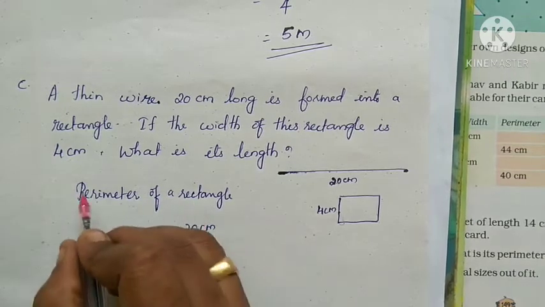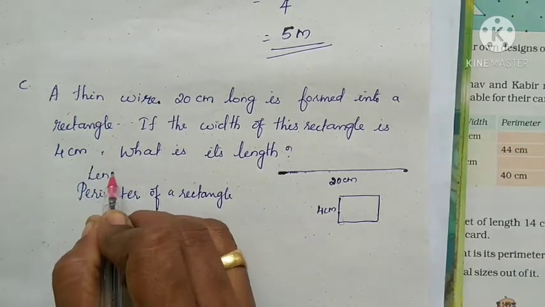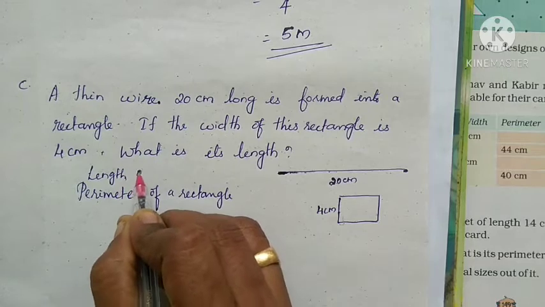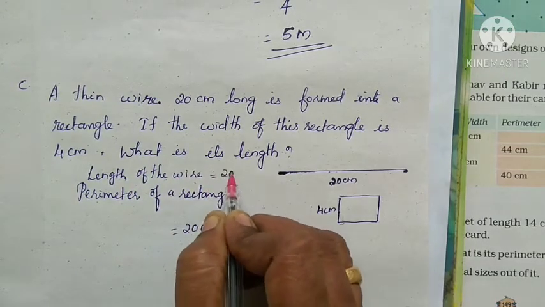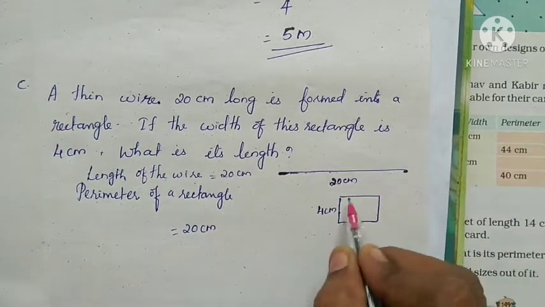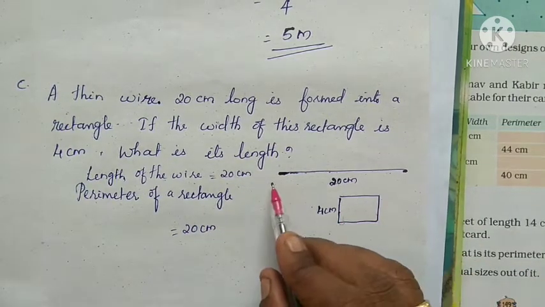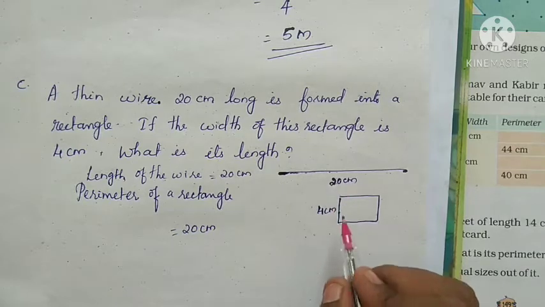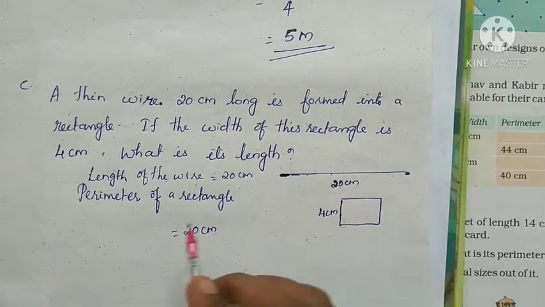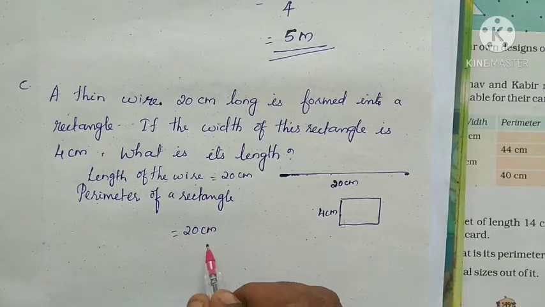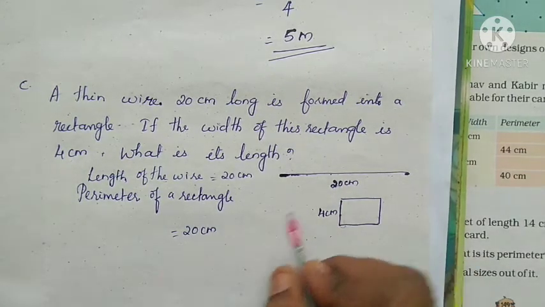That means the length of the wire is equal to 20 centimeter. That means this wire can be made into a rectangle. So the boundary of this figure is also 20 centimeter. So the perimeter of the rectangle is equal to 20 centimeter and the width is given.